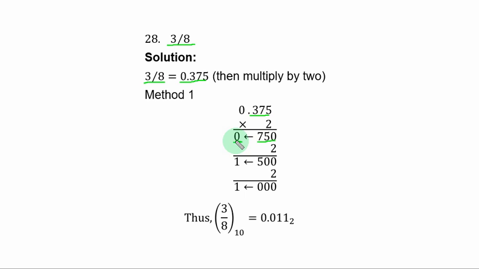If you multiply 750 by 2 again, you have 1500, and the remainder is 1. If you multiply 500 by 2, of course you have 1000. The remainder is 1.